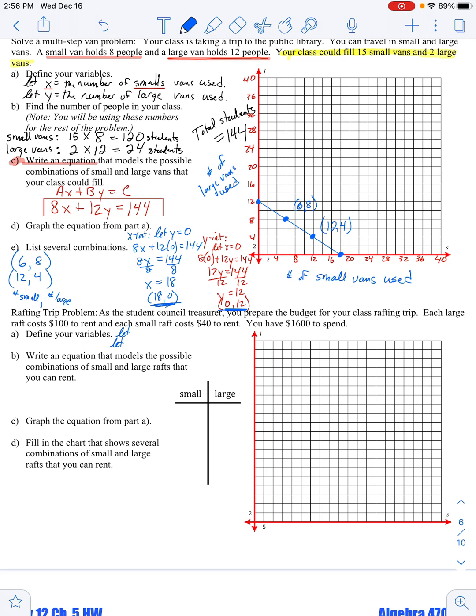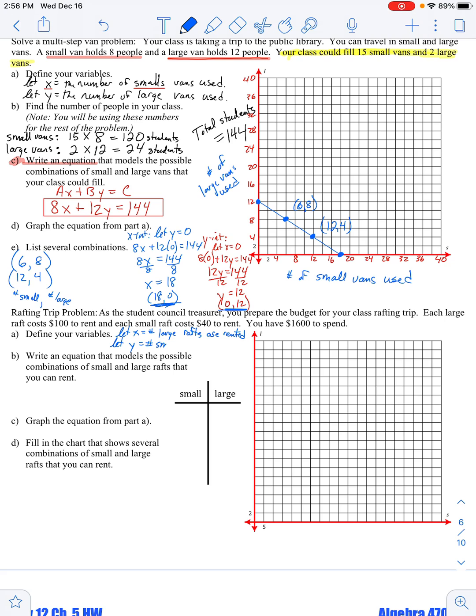So as we are trying to plan this trip, we need to be trying to figure out how many large rafts are rented, because we already know what they cost. We just need to figure out how many we're going to get.